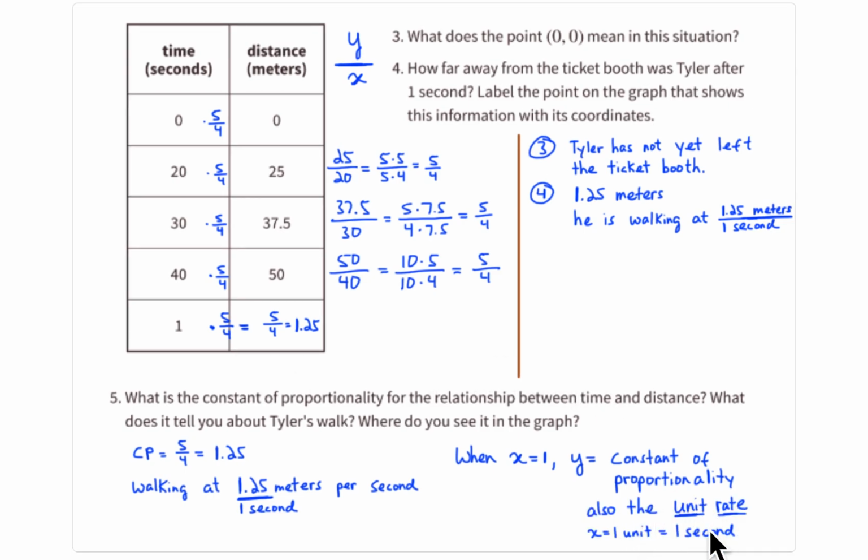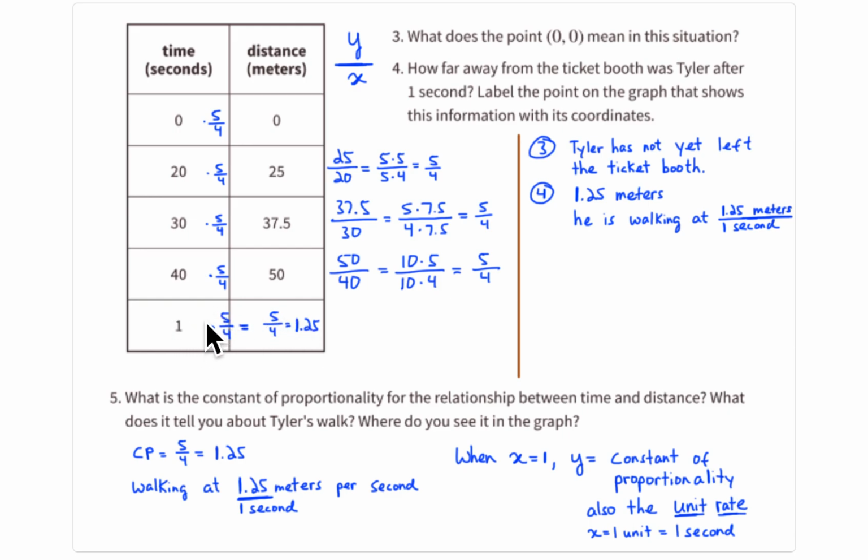So also it's called the unit rate. So if you get to the x value as 1, that is in 1 unit what happens. So that's known as the unit rate. So in 1 unit of time, which is 1 second, Tyler has traveled 5/4 meters. So 1 1/4 meters.